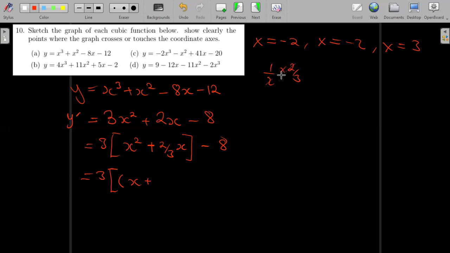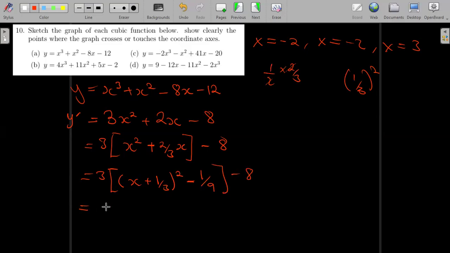So you see, I just remain with 1 over 3, then I square. So the 1 over 3, I have to square it like this. So this will be minus 1 squared over 9. So 1 over 9, like this, then minus 8.